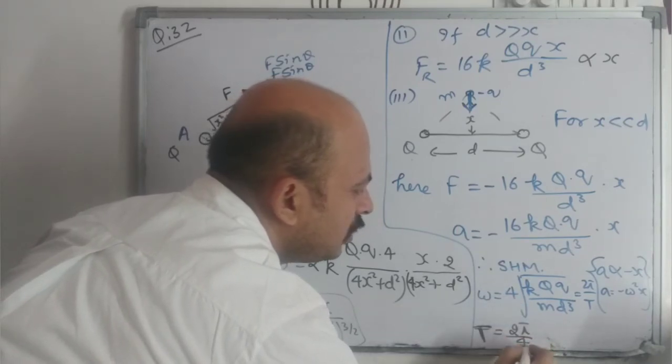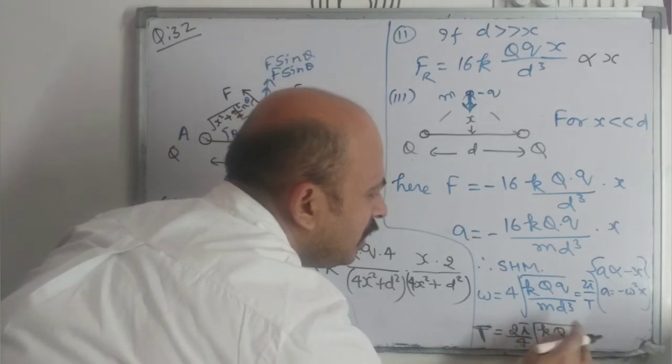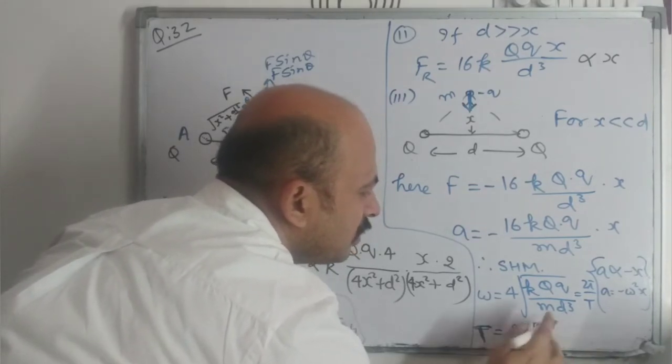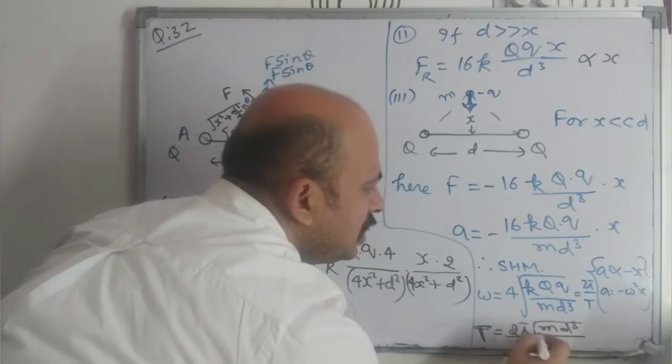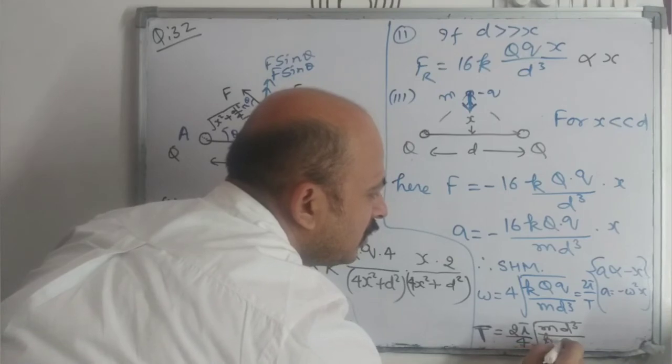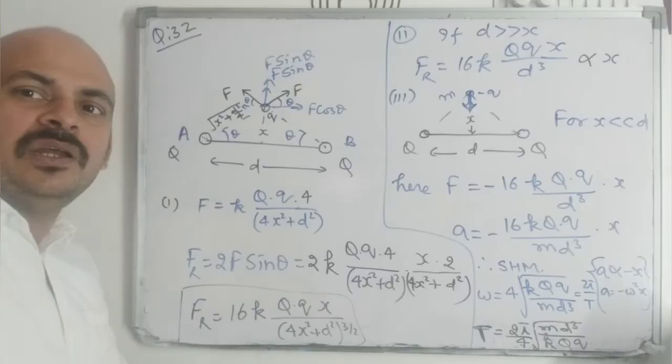Omega is 4 under root K capital Q small q upon m d cube, so T is 2 pi square root of m d cube upon K capital Q small q. So that will be its time period.